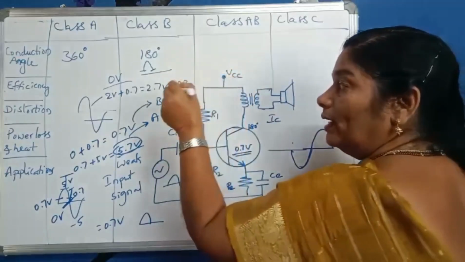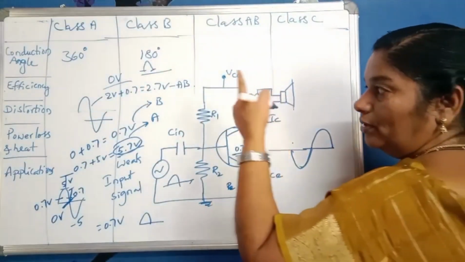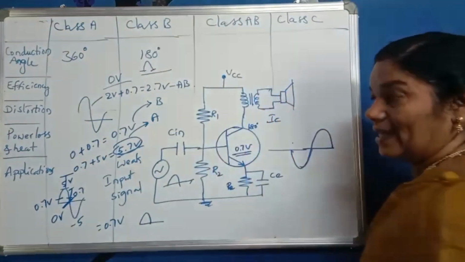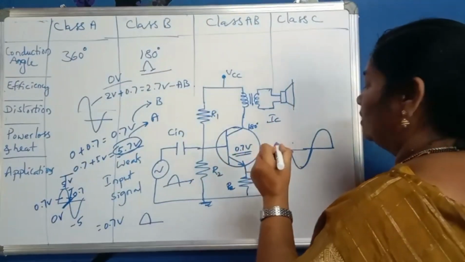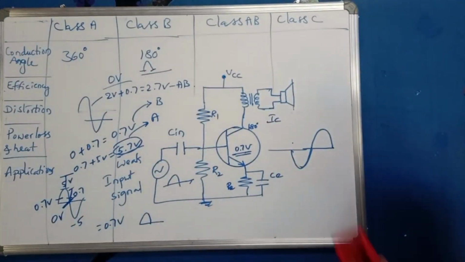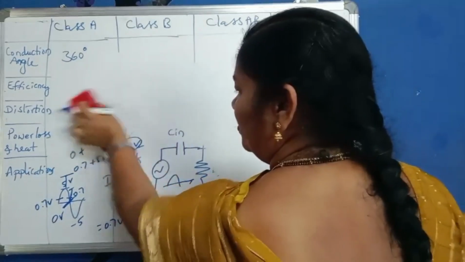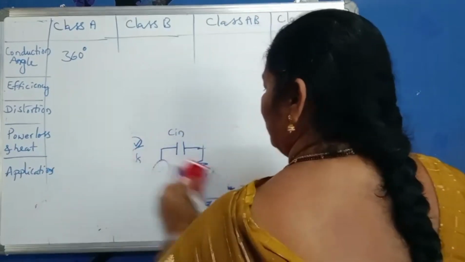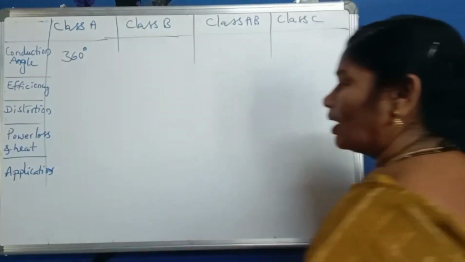Therefore, you will get only a part of the positive half cycle. So this is another type, which is called the class C power amplifier. Here we can say that there are four types of power amplifiers. They are class A, B, AB and C.